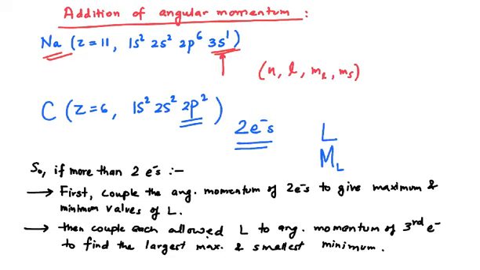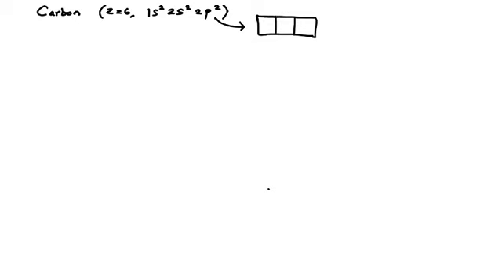So let's look at the example first for carbon, which has 2 electrons. For carbon, the outer electrons are in the 2p subshell, and there are only 2 electrons. If we start to fill in, you put the first electron, and then the second electron goes here. By the way, how to fill up these boxes, we have seen earlier.